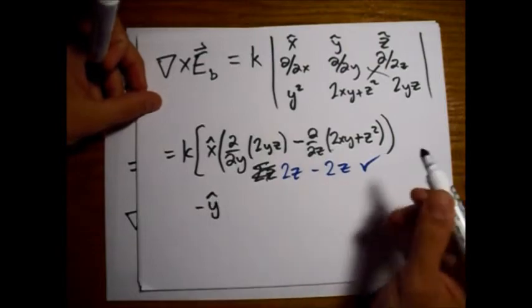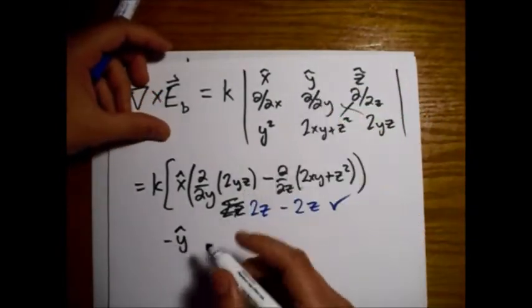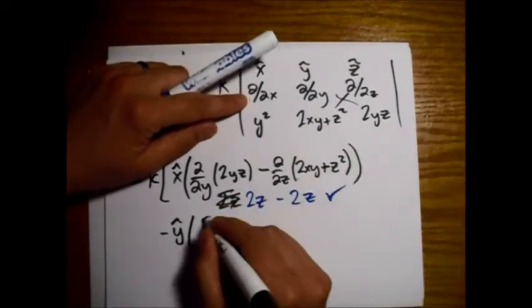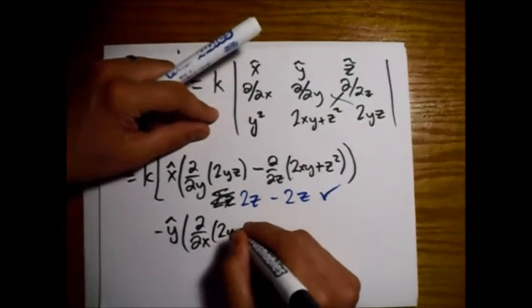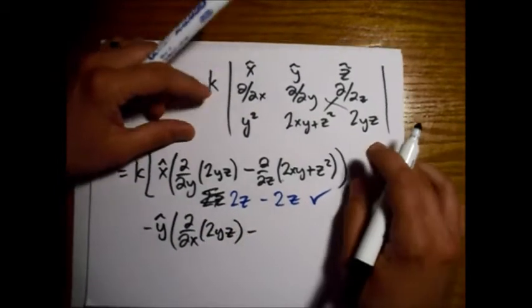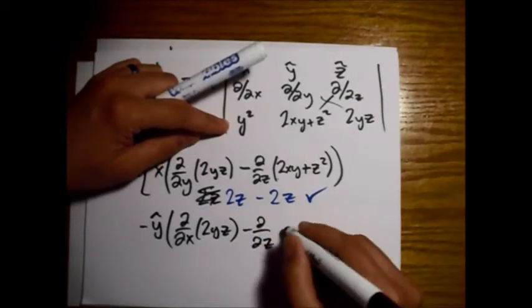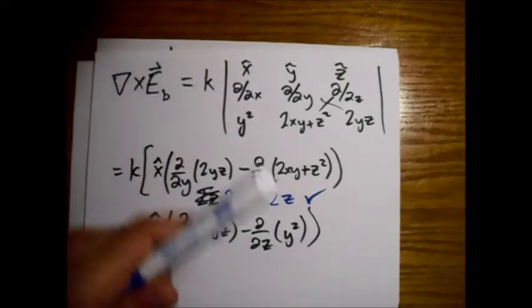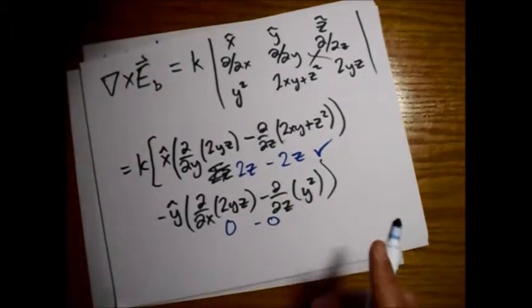Now we'll go on with the second term. So we have a minus y hat, and then we have d by dx of 2yz. So that one's going to be 0, we know that already. And d by dz of y squared is also going to be 0. So 0 minus 0, and that also checks out.